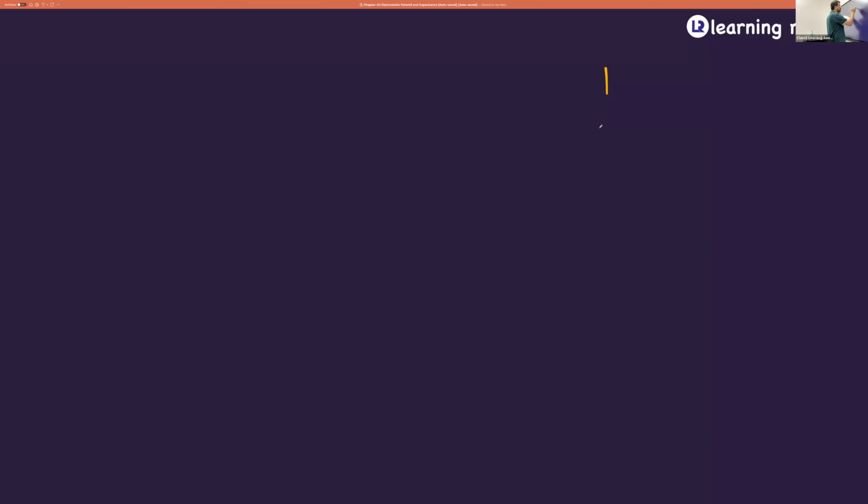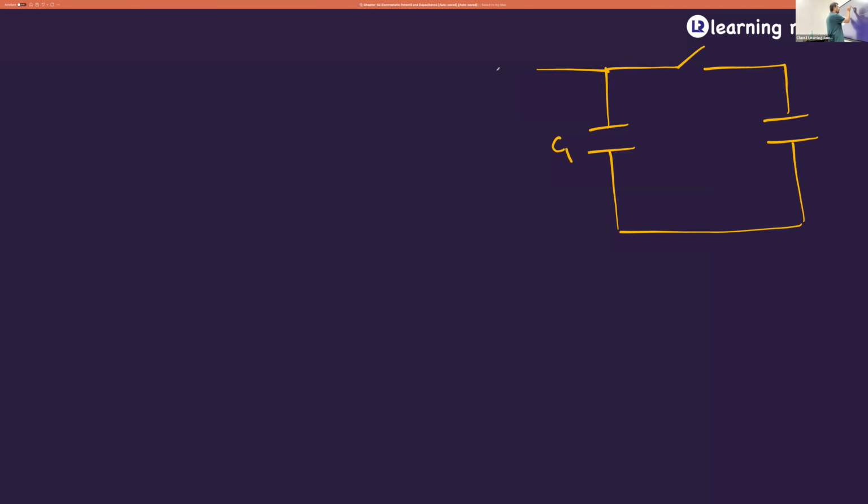So they are connected like this. See, there are two capacitors C1 and C2, which are connected to a battery of 5 volt.